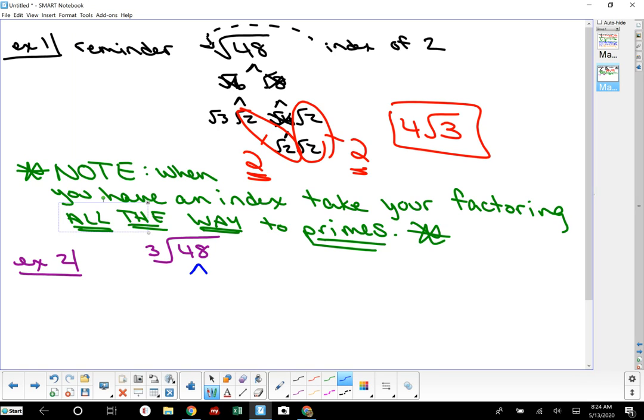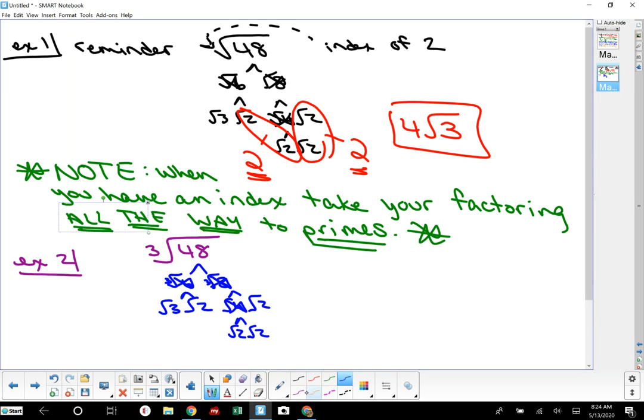Okay, so 48, I'm going to break down exactly the way I did up above. I'm going to go rad 6, rad 8. Now these are really cube roots, but I'm going to leave the cubes out of the work and just put that into the answer. And then we have rad 3, rad 2, rad 4, rad 2, rad 2, rad 2. Again, getting rid of your composites.